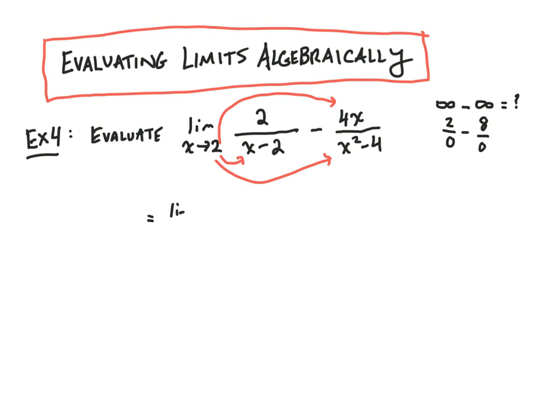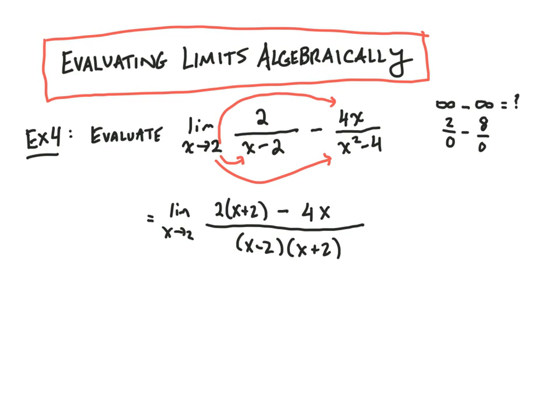And the conjugate is just, or I'm sorry, the common denominator is just the tool that you'll need to use for further investigation. So our denominators have a common denominator of x minus 2 times x plus 2. So I'll adjust the numerators, 2 times x plus 2 minus 4x.